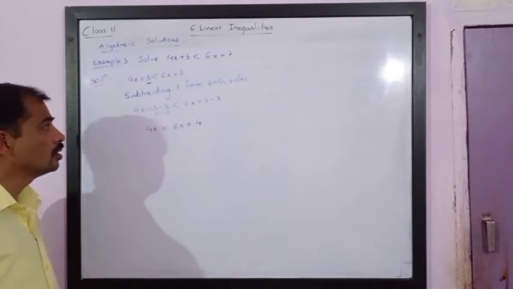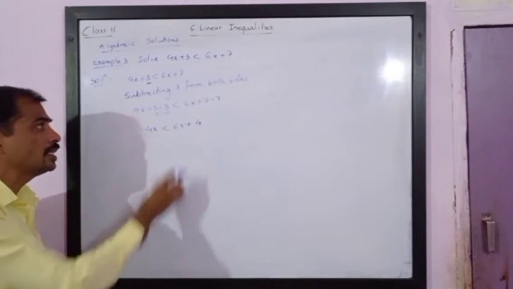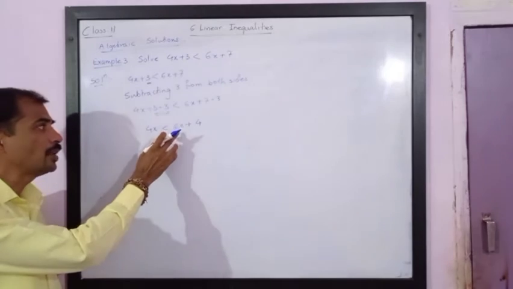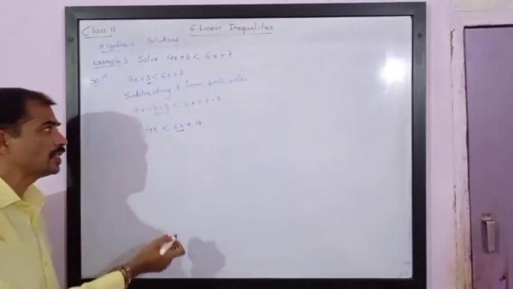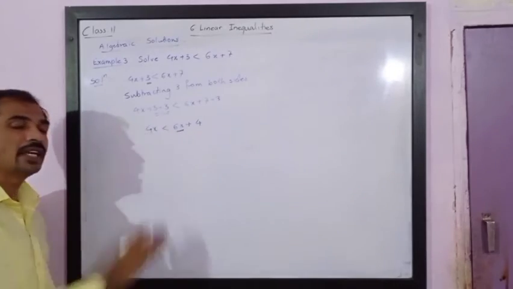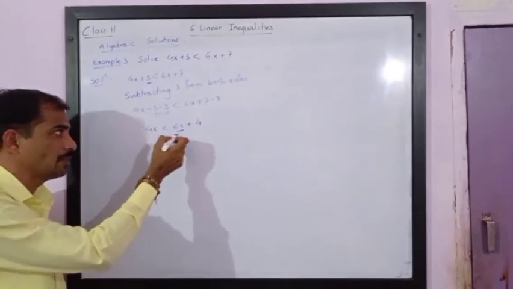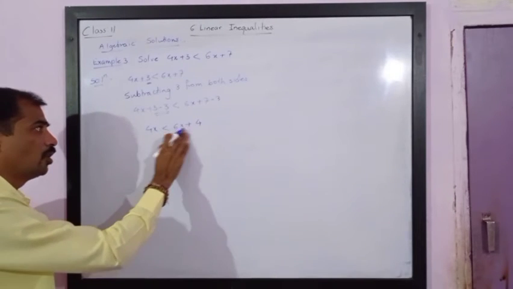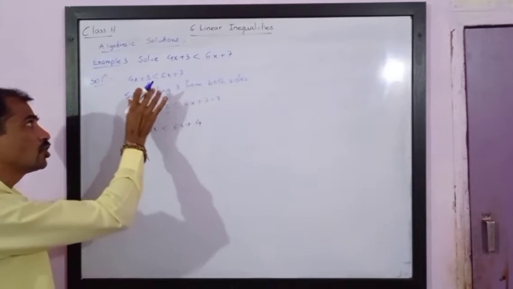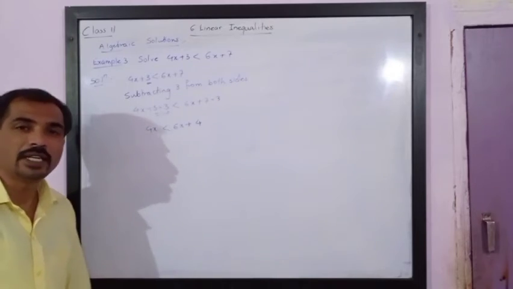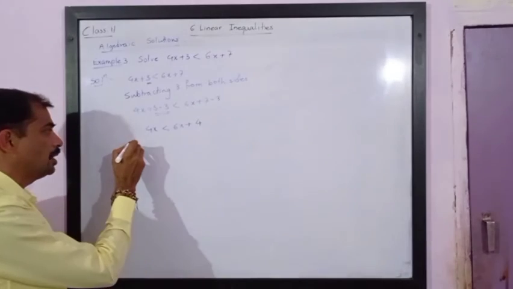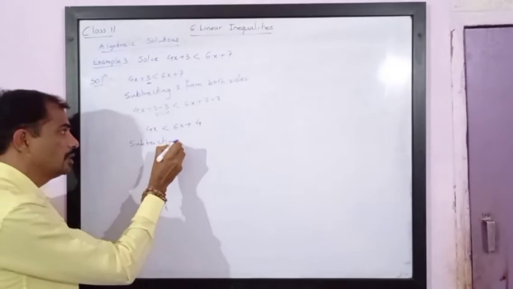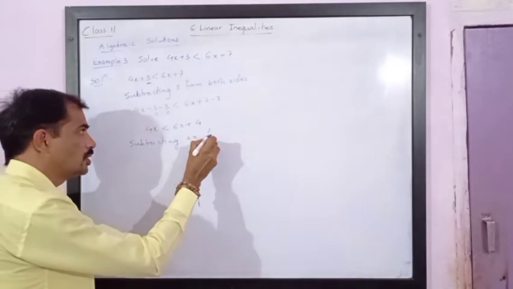Now, x is a real number, and we have already studied that if we subtract 6x from this side, or bring it to this side, it becomes negative, that is, 6x is subtracted from both sides. If you subtract 6x from both sides, the inequality also remains the same. So the next step is subtracting 6x from both sides.